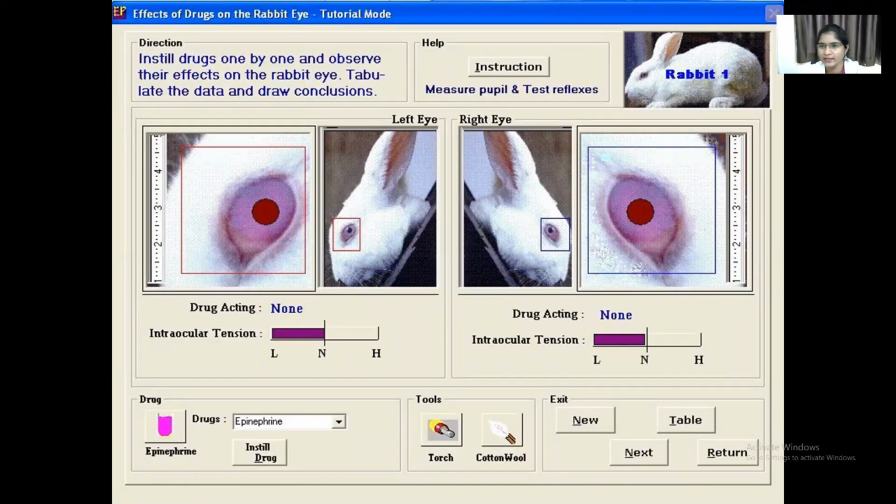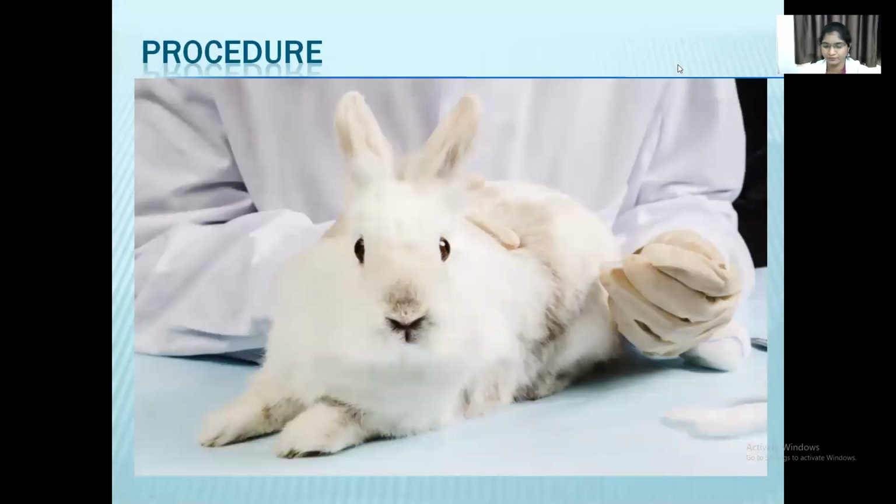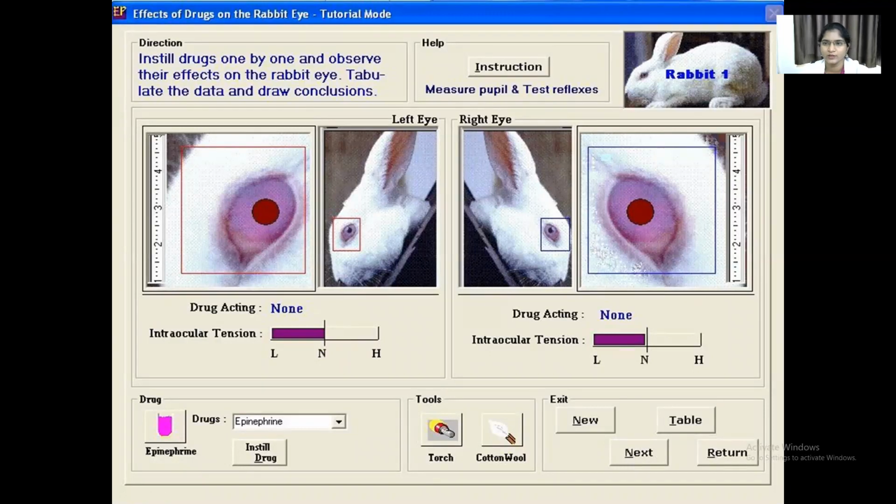Then besides that, the rabbit is there. You have to select the rabbit before starting; only then will the practical start. So you click on this, then the rabbit will be selected. Afterwards, on the bottom left side, you can see drugs are there.